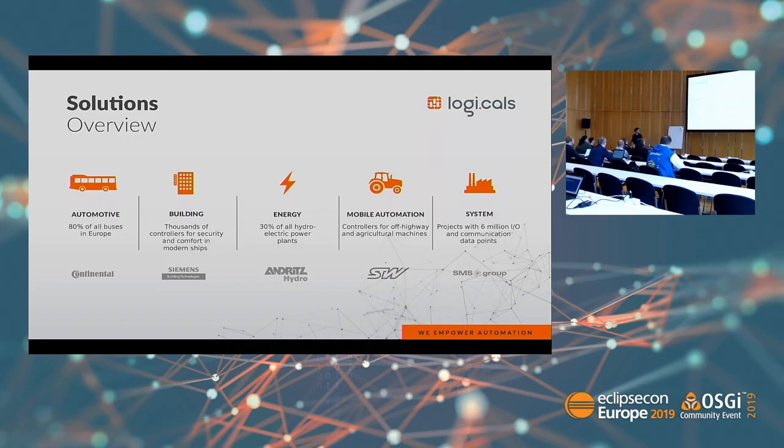We're also into building automation, cruise ships, for example, into the energy sector, basically hydropower, then into agricultural machines and systems. By systems, we mean factories or plants that are quite complex, for example, a steel mill.